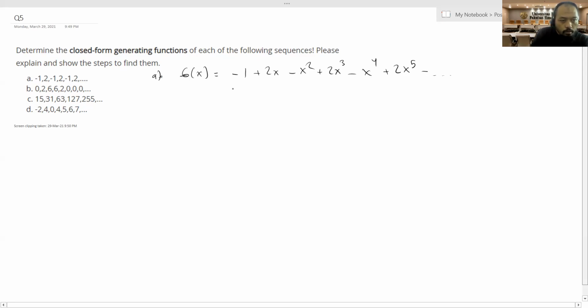Now, this could be separated into two parts, the odd terms and the even terms.